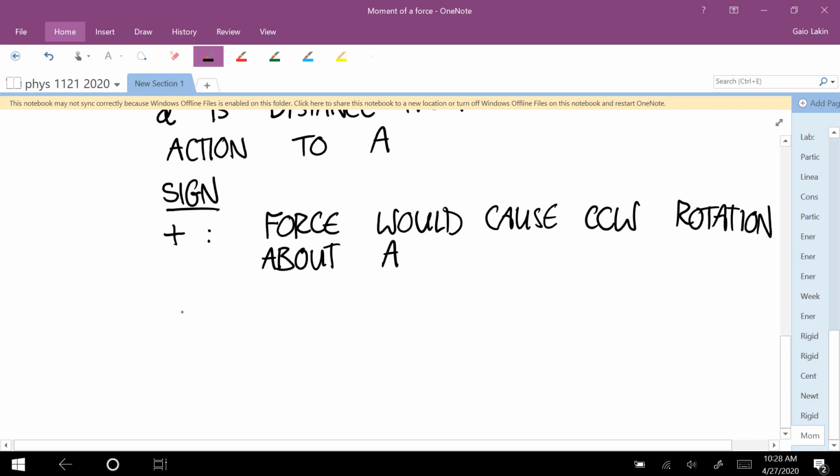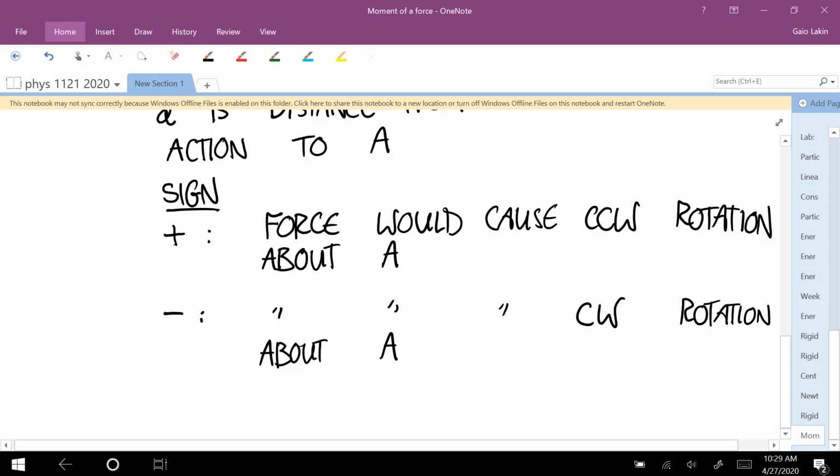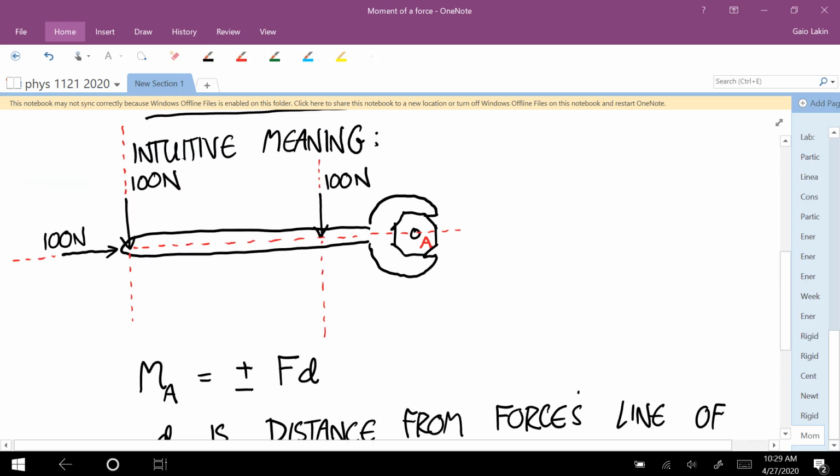And the sign is negative if the force would cause a clockwise rotation about that axis A. So in this case, let's think about the one that would produce the biggest moment.